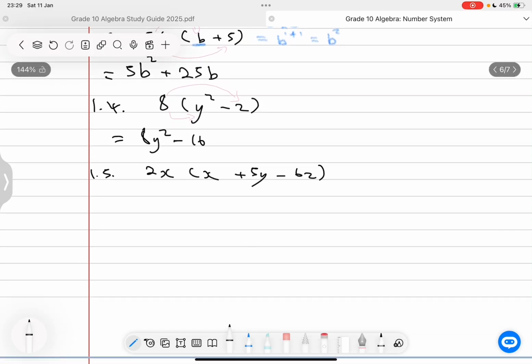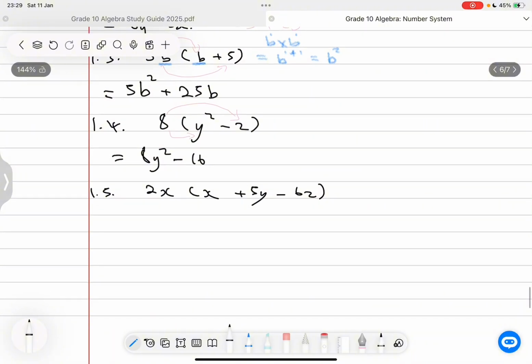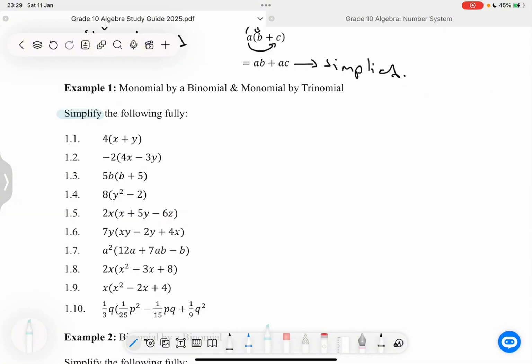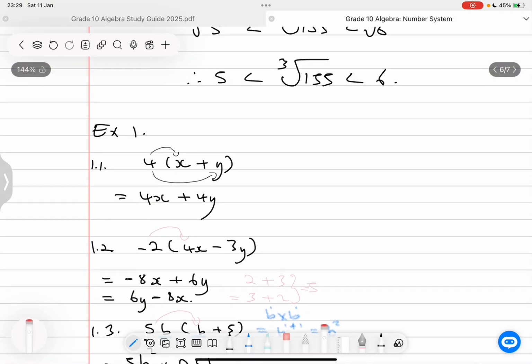Now, if you look at these problems 1, 2, 4, they were actually a product. Remember the answers that we get here when we multiply these two. They were a product of a monomial and a binomial, because I was multiplying a term multiplied by two terms, right?